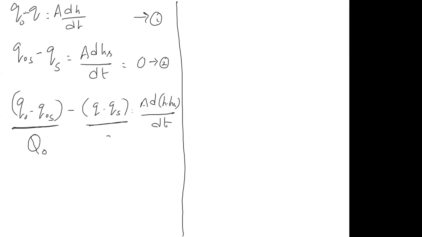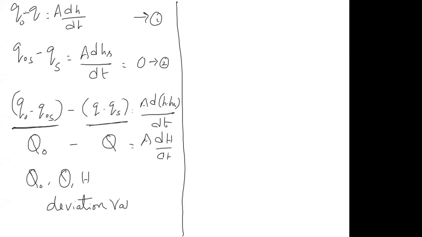This Q is nothing but capital Q, which equals A into dH by dt. So what are these Q naught, Q and H? These are called deviation variables.